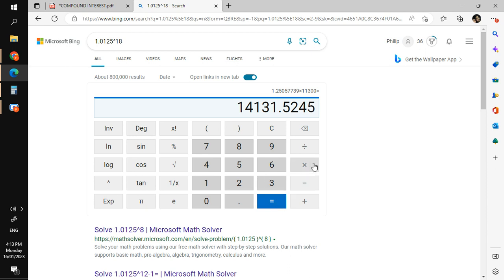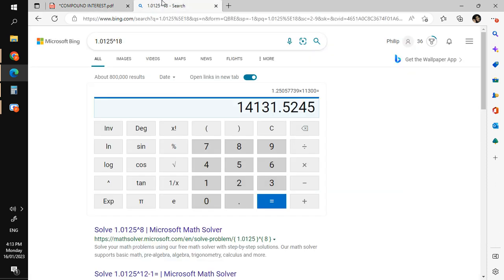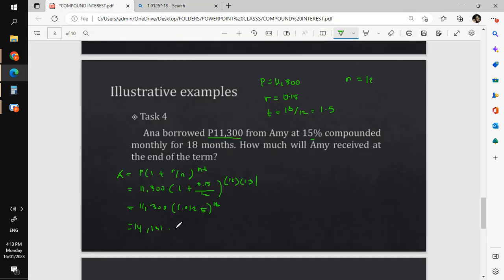Okay, the total amount is 14,131.52. This will be the total amount that Amy will receive after 18 months.